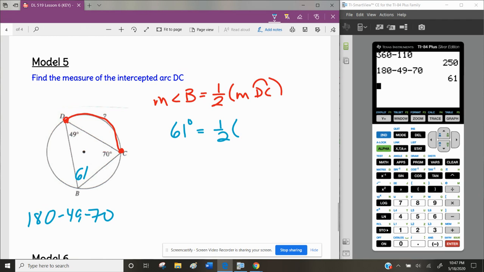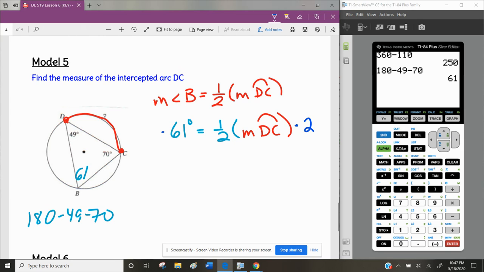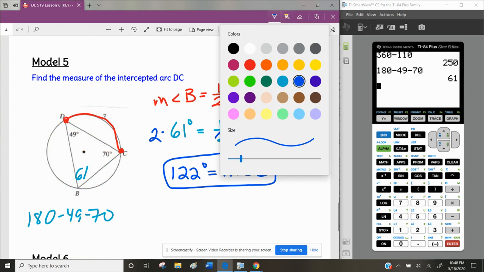And that would be half of whatever the measure of arc DC would be. So I know that, again, to solve for that, I would multiply both sides by 2. So that would be 122 degrees for the measure of arc DC. So there's another way that you could do this as well if you wanted to use the intercepted arcs instead.